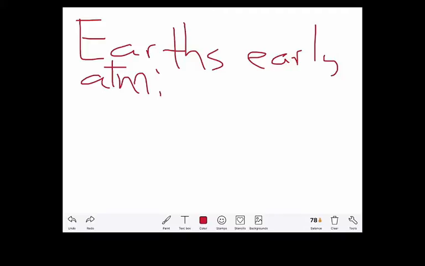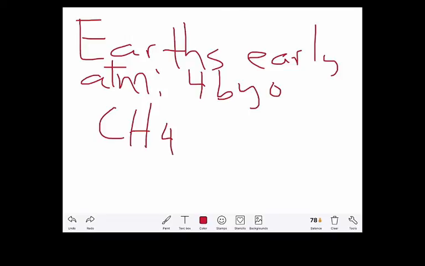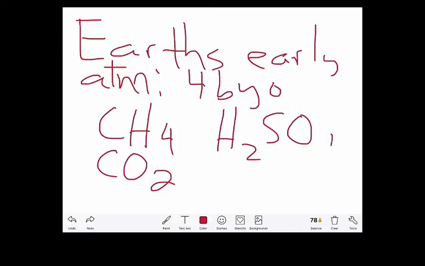But 4 billion years ago, there was a lot of methane, carbon dioxide, much more carbon dioxide than there is today, hydrogen sulfide, nitrogen, but no oxygen, ammonia, things that are toxic to life.